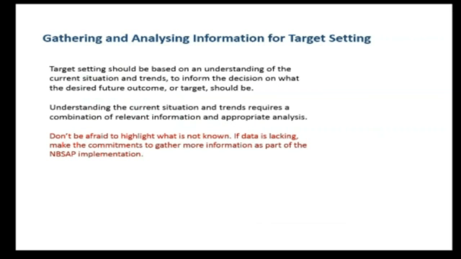For some of the subjects in the Aichi biodiversity targets, you may not have information yet, perhaps new subjects relatively, such as public awareness of biodiversity. And we recommend that you don't be afraid to highlight what is not known at this stage. If data is lacking, we could make commitments to gather more information as part of the NBSAP implementation.